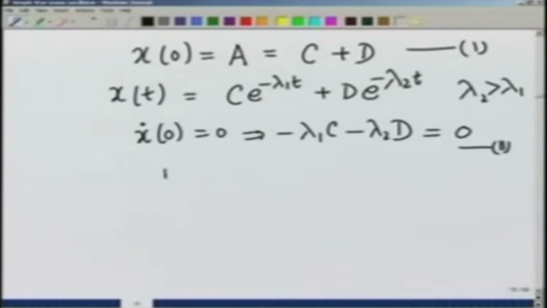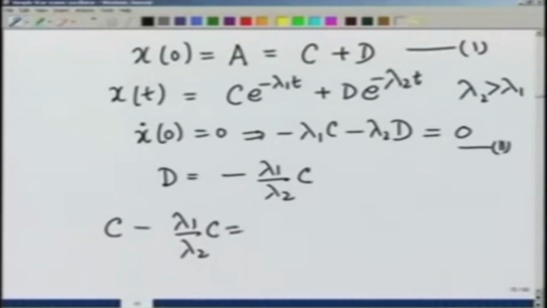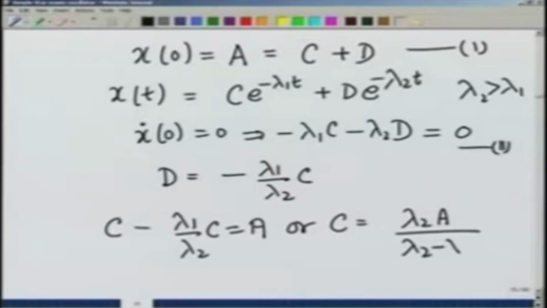From equation 2, I have D is equal to -λ1/λ2 times C. Substituting this in equation 1, I get C - (λ1/λ2) C is equal to a, or C equals λ2 a over (λ2 - λ1), and therefore, D equals -λ1 a over (λ2 - λ1).